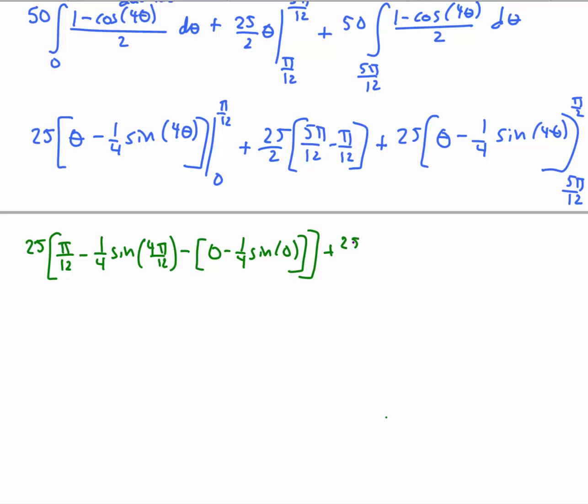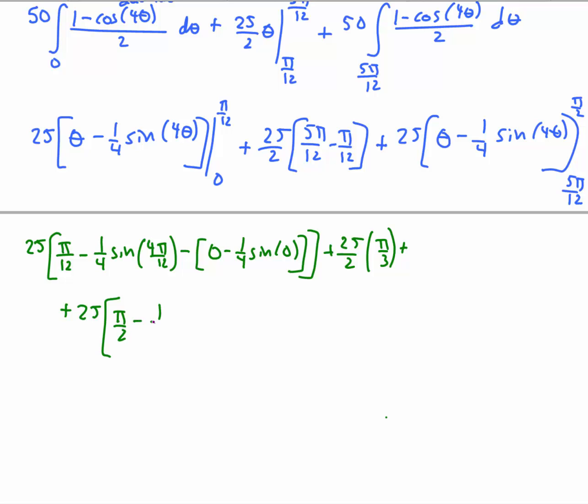Now here I have 25 halves. 5 pi over 12 minus pi over 12 is 4 pi over 12, which reduces to pi over 3. Okay, and then I think on this one I'm going to run out of room. So I'm going to move down here for part 2, plus 25.